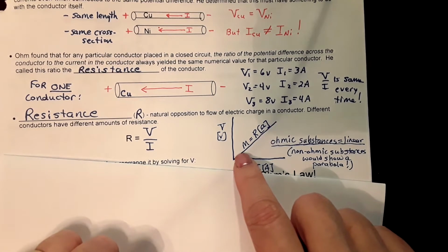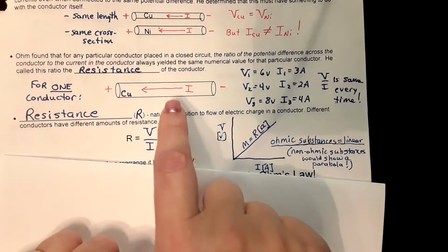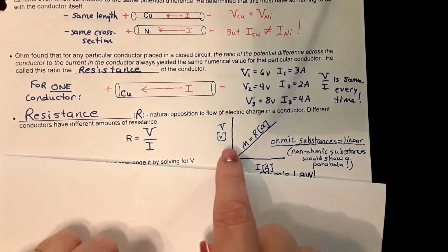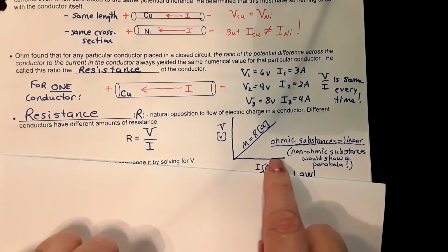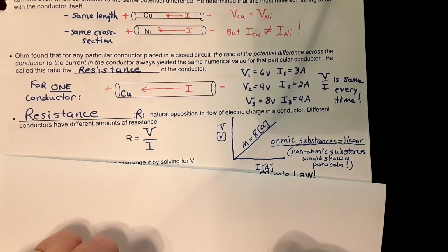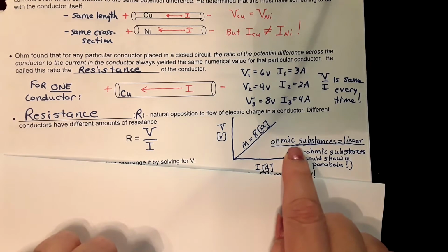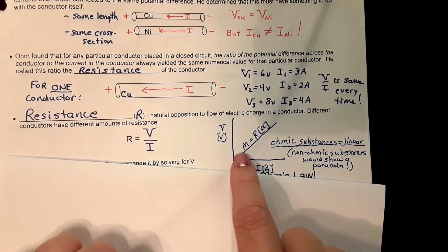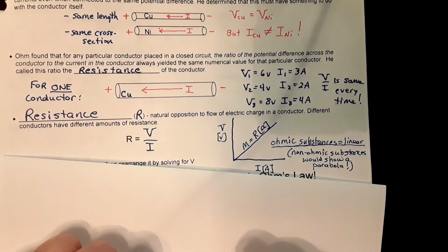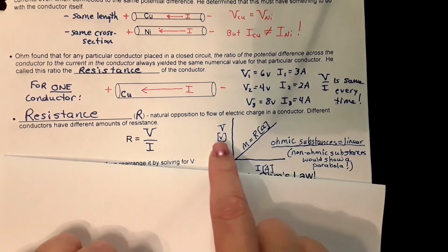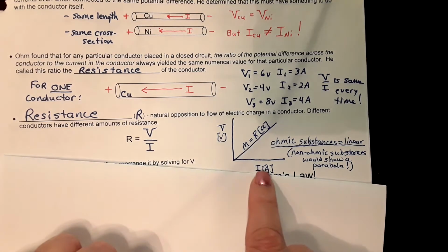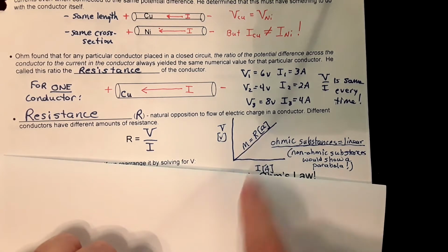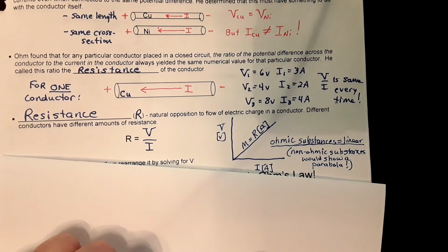Now, anytime you have a substance like copper or gold that has a linear relationship between potential difference and current, it's called an ohmic substance. So copper and gold are examples of ohmic substances because the resistance stays constant. As the potential increases, the current increases proportionately so that you get the same resistance, the same slope.